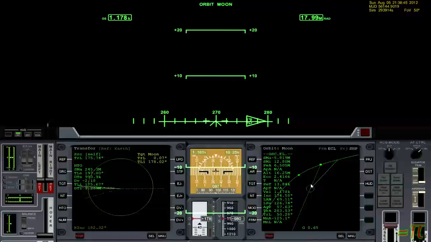Basically what I'm going to do is thrust the engines facing out this way, away from that line, and that will push this orbit in this way towards the moon's surface. And that's what we're aiming for, is to bring the periapsis, which is this solid circle here, down.